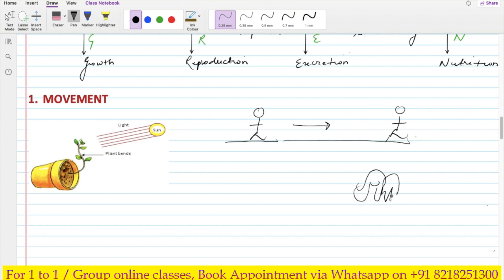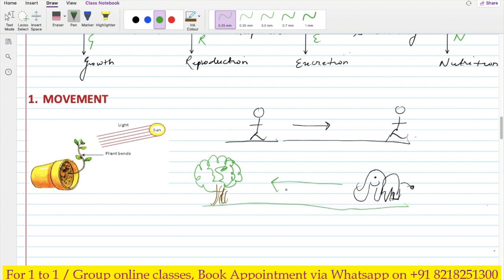I don't know if it's looking like an elephant or not. Kindly assume, please. And he's quite hungry. So in search of food, this elephant is also going from one place to another. Is this a movement? Yes, the elephant is also going from one place to another.